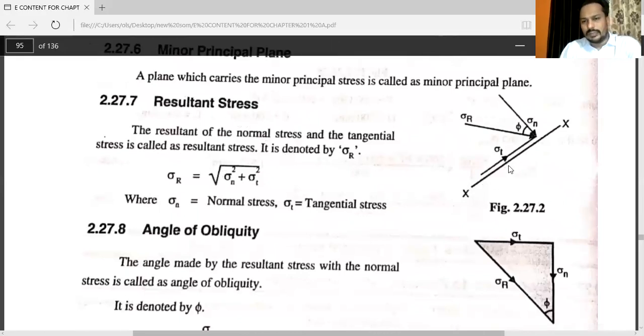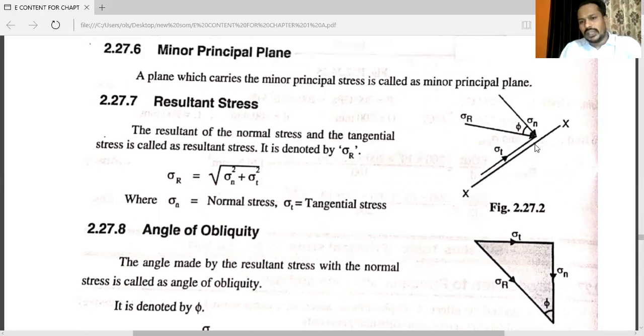You can see this diagram here. The x-axis section is given. Parallel to this x-axis, the tangential stress is acting. Perpendicular to this x-axis section, sigma n is there, that is normal. You can see this one is sigma r, that is resultant stress. Here phi is given, that is the angle of obliquity.